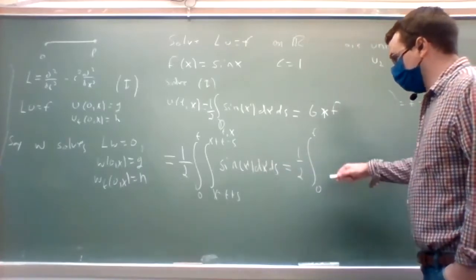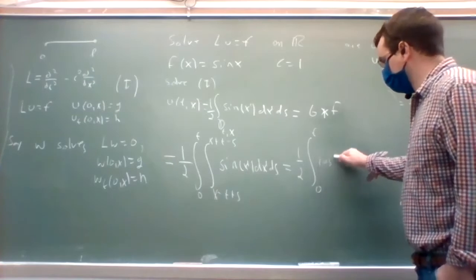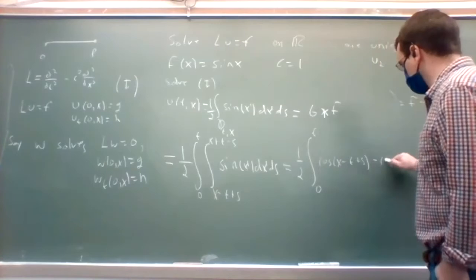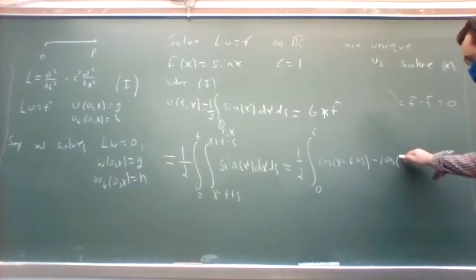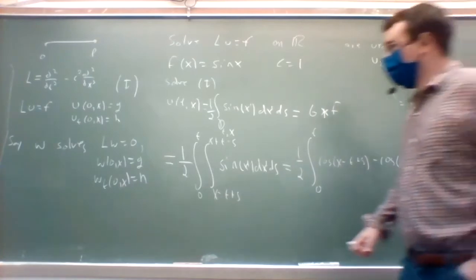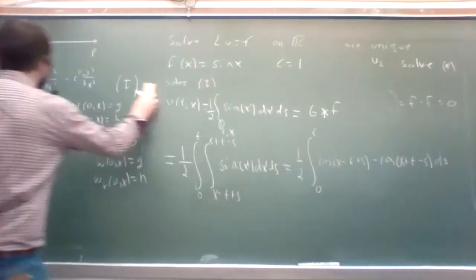So this is something like cosine of x minus t plus s, minus cosine of x plus t minus s. And then you want to evaluate that with respect to ds. So is that reasonably close?